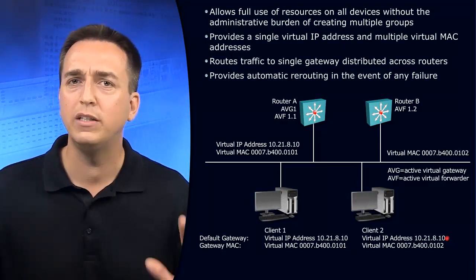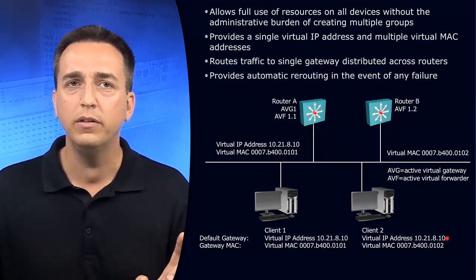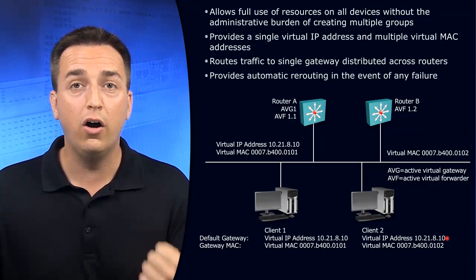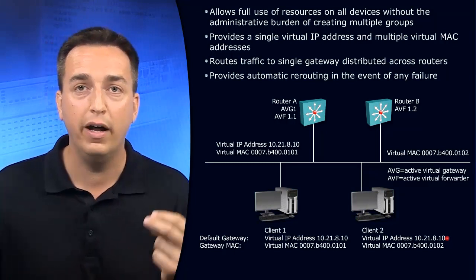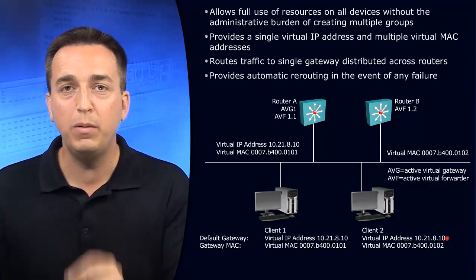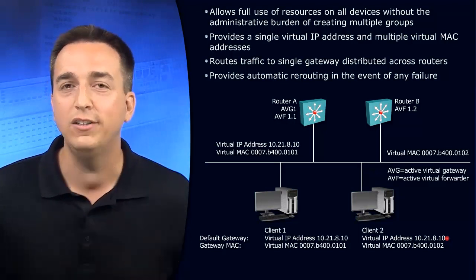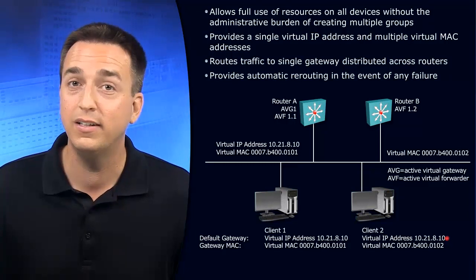So that AVG plays a very important role. It's going to be responsible for ensuring that all of the default gateways have a MAC address associated with the GLBP process that is unique for each of them. And then it also has to hand out those MAC addresses to the end stations.